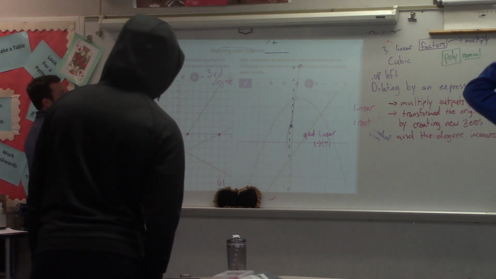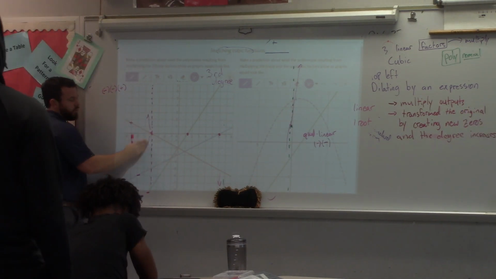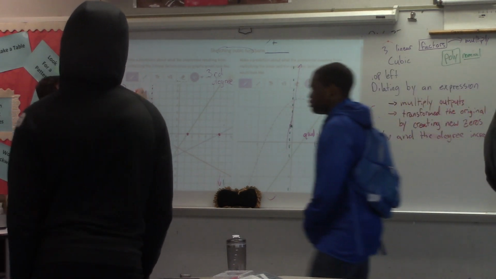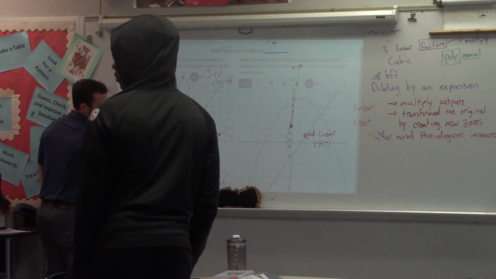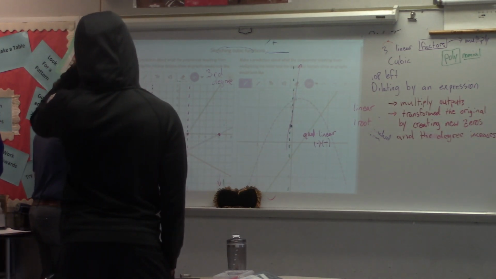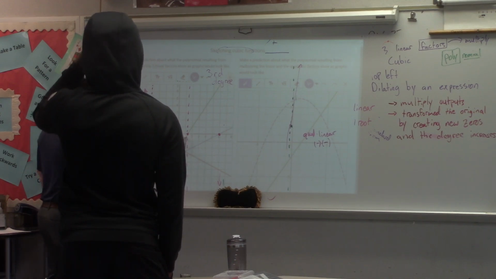Remember, how many factors are there? 3. How many negatives do I have? 2. So this needs to be positive. When I look in between here, I have 3 negatives, which means it's going to be negative. Got to come back to my 0.